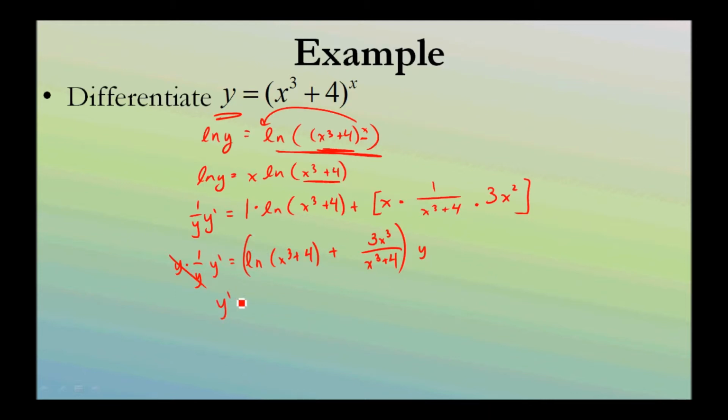So y prime is equal to the natural log of x cubed plus 4 plus 3x cubed divided by x cubed plus 4, this whole quantity times y. What is y? Well, we're given y up here. y is simply x cubed plus 4 quantity to the power of x.